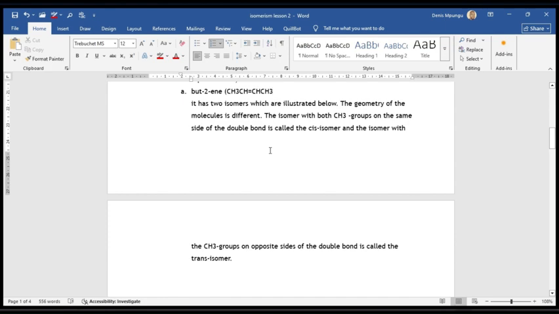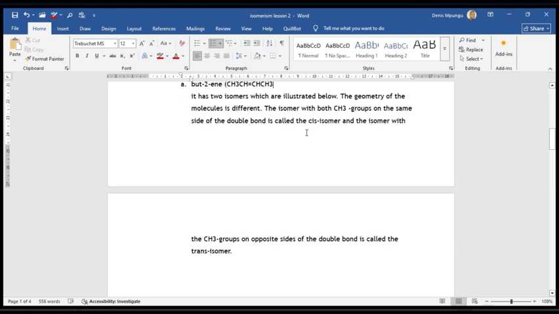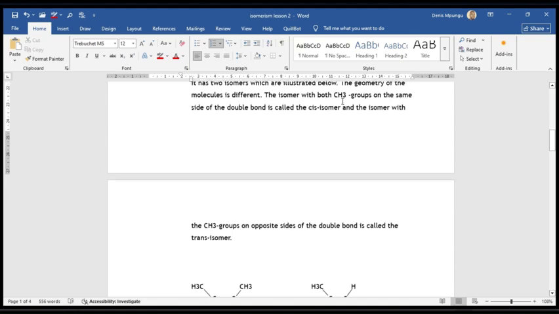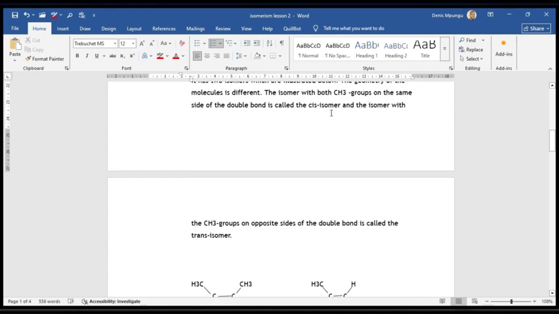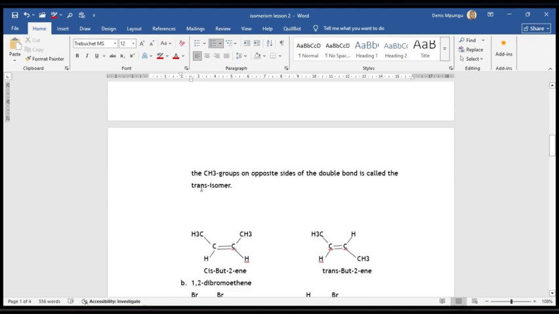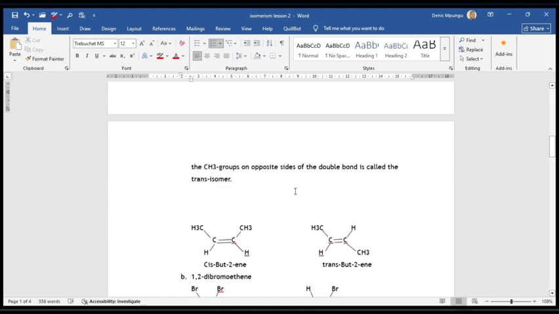So this one has two isomers which are illustrated below. The geometry of the molecules is different, how the atoms are arranged across. The isomer with both CH3 groups on the same side of the double bond is called cis, and that with them on opposite sides we call trans. The word trans means across.